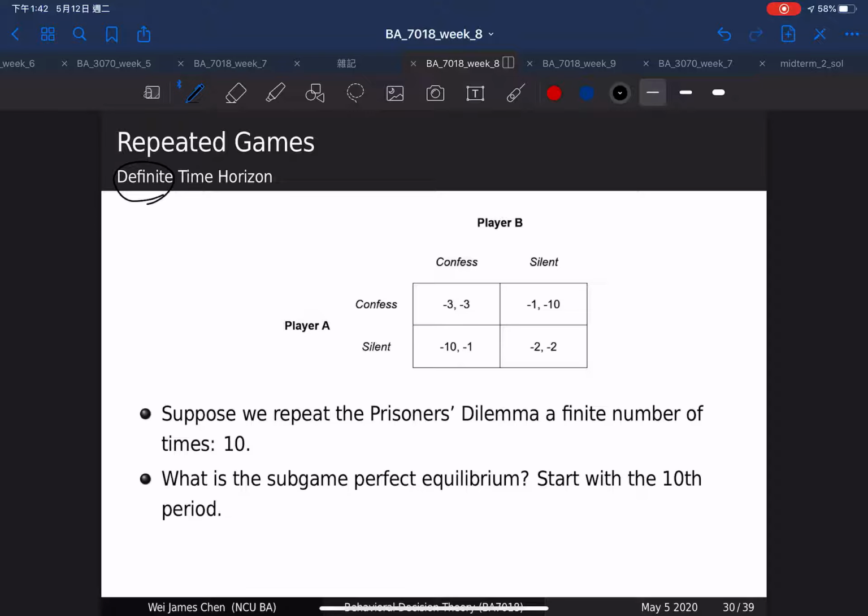Can someone tell me, I just told you in the previous slide, when we are talking about a sequential game, how do we find the SPE? We use what? What's the routine that we use? Yeah, backward induction.